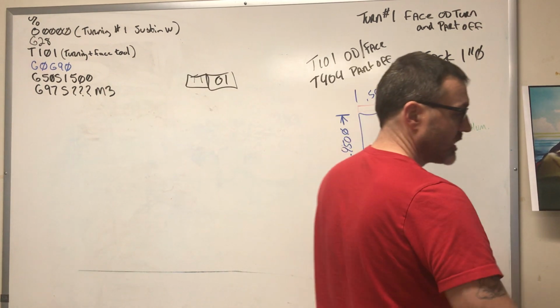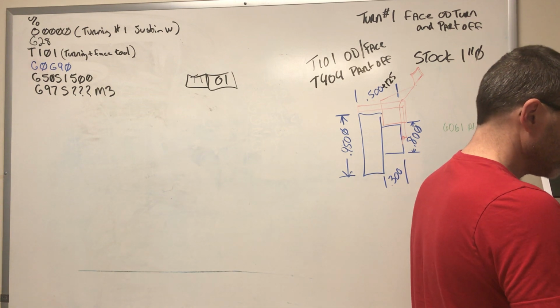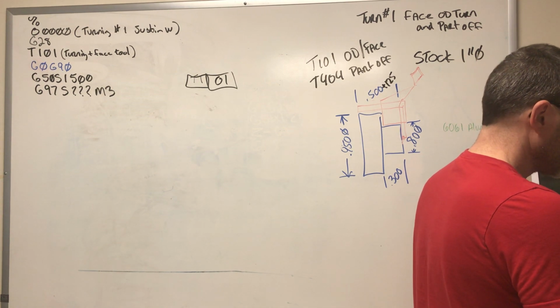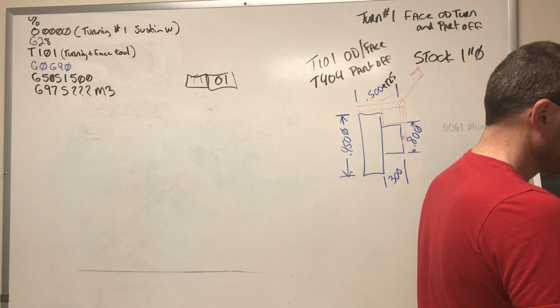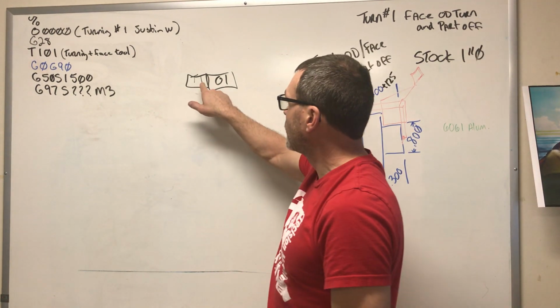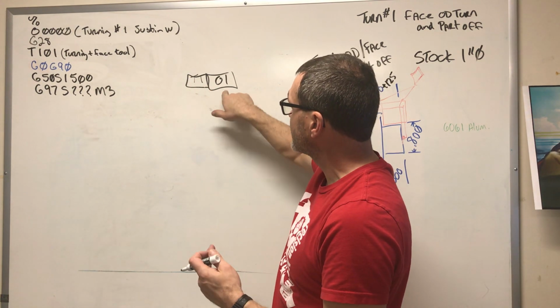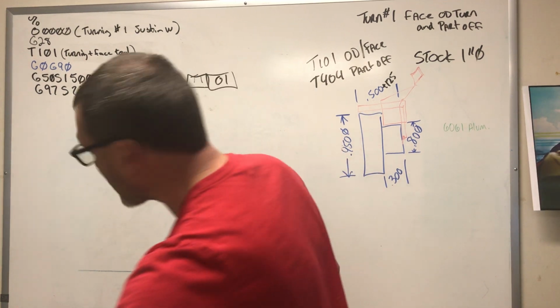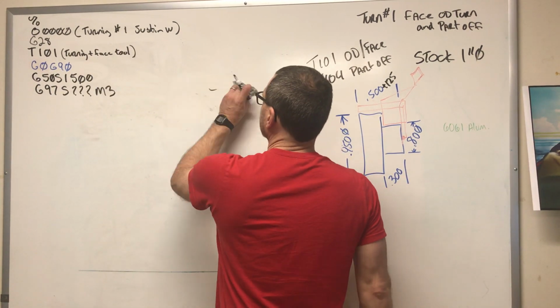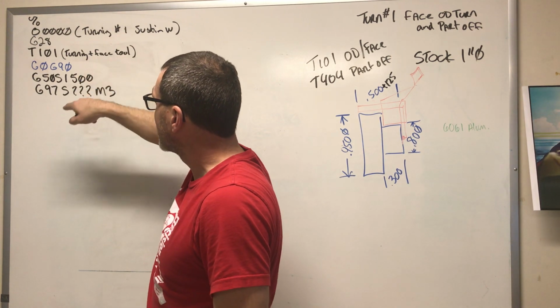Okay, so you need to keep that format on our programs. T1 is turret position. That means rotating this way or rotating this way, and then 01 is the work offset that we're using. So T101 is our tool. It is going to do our turning, our facing.